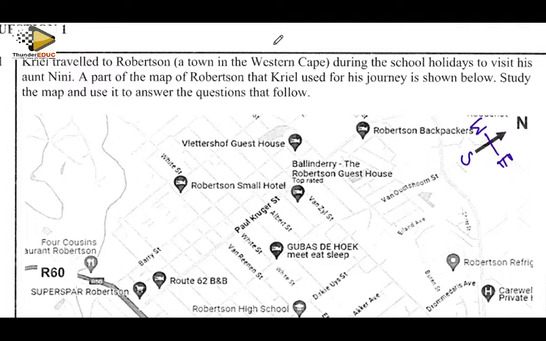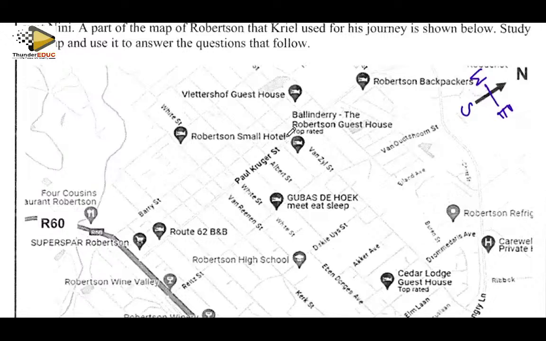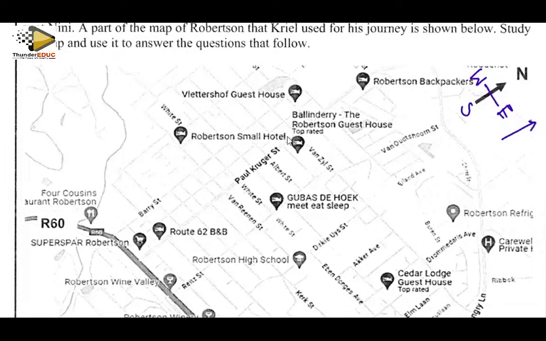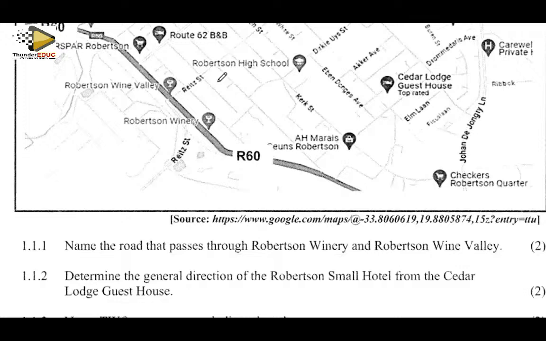When we look at the questions that follow, we see the map here. But what I have analyzed so far is that the compass changed. The north is facing that other side. Take note of that. When you look at the map, it has a compass, it doesn't have a scale, it has streets, and has some roads there.